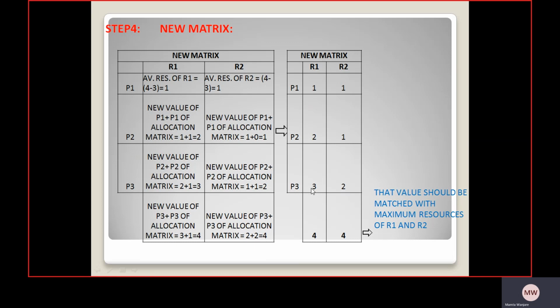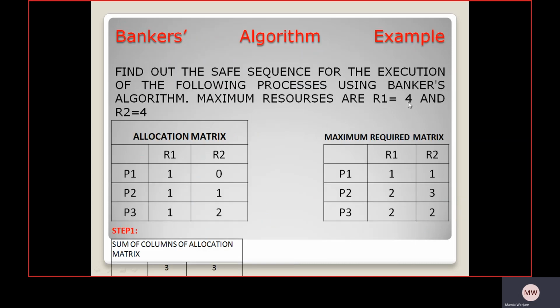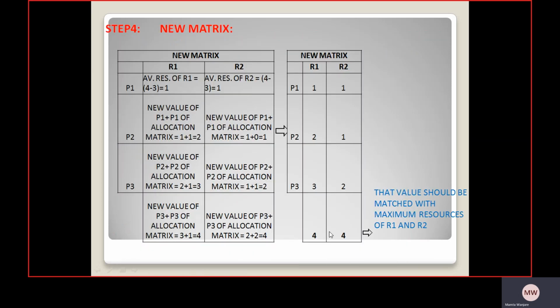For P3, consider the new value of P2 we calculated, plus P3 of the allocation matrix, that comes to 4, and for R2 the value is again the same. Remember that these two values should match the maximum resources of R1 and R2. That value is already given in our numerical, R1 equal to 4 and R2 equal to 4. So that is for cross verification, and that value should match.